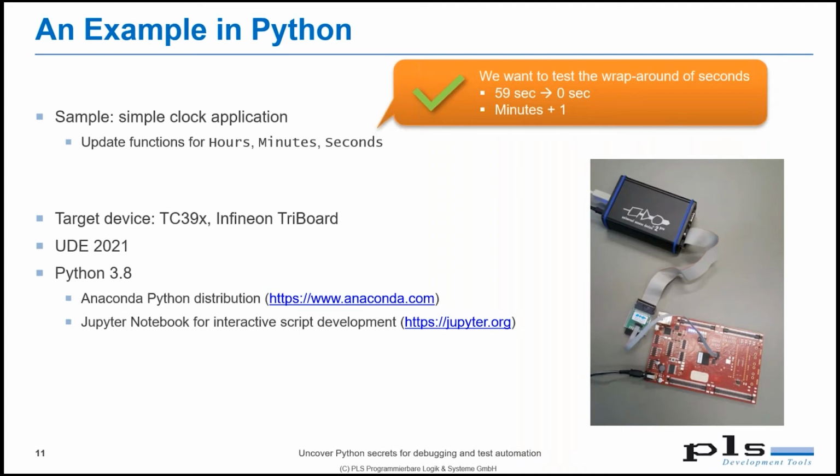For developing the script, I use the Anaconda Python distribution and a very nice browser tool named Jupyter Notebook that allows interactive script development, and I think it's a very nice tool to start playing around with Python and with the UDE automation.